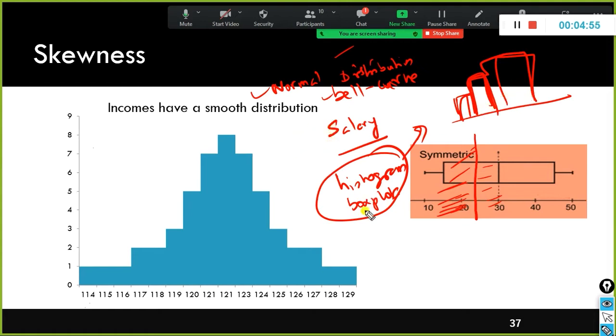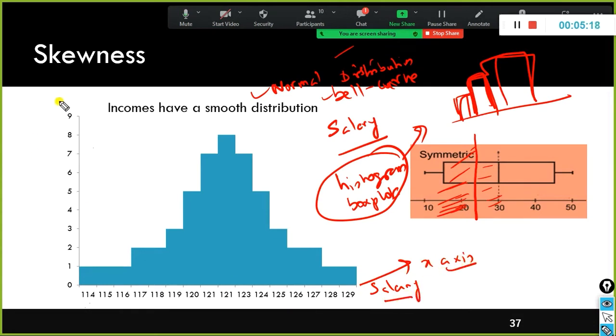So using a histogram or box plot, we can find out the type of the distribution. Let's say I have plotted salary on the x-axis. In a histogram, you can plot only the quantitative variable, and that too only on the x-axis.